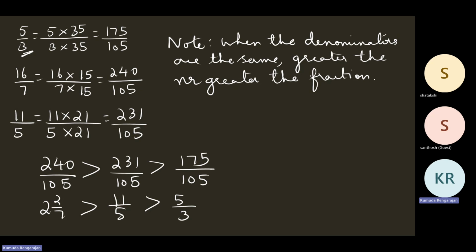If the fractions already have the same denominator, then you can compare the numerators directly. Greater the numerator, greater the fraction. If the denominators are not the same, you have to make them the same using LCM and then compare. Unlike fractions should be converted to like fractions, and then you compare. All right?